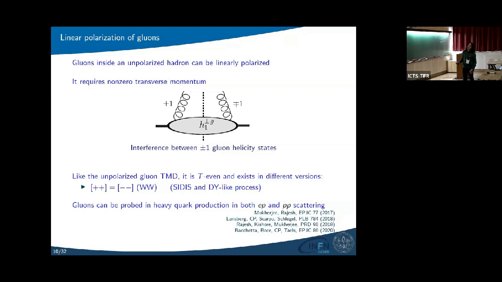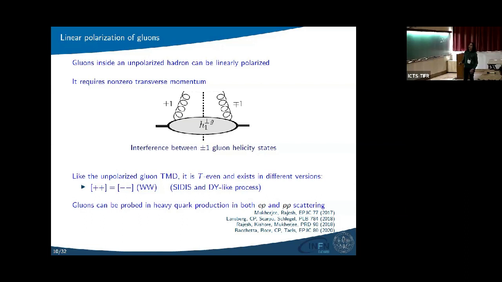So diagrammatically it is given by a picture of this kind, where the helicity of the gluons flips from the right to the left. So it is a T-even object, so it exists in different versions. So the plus plus and minus minus should be the same.